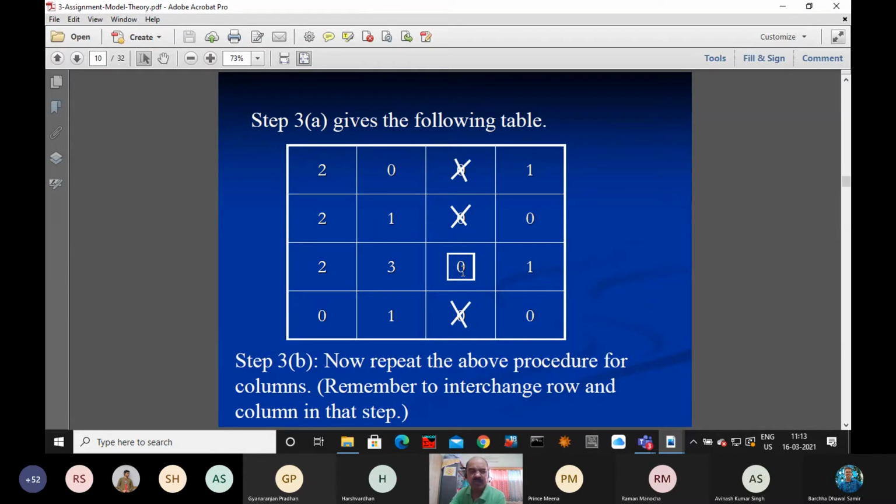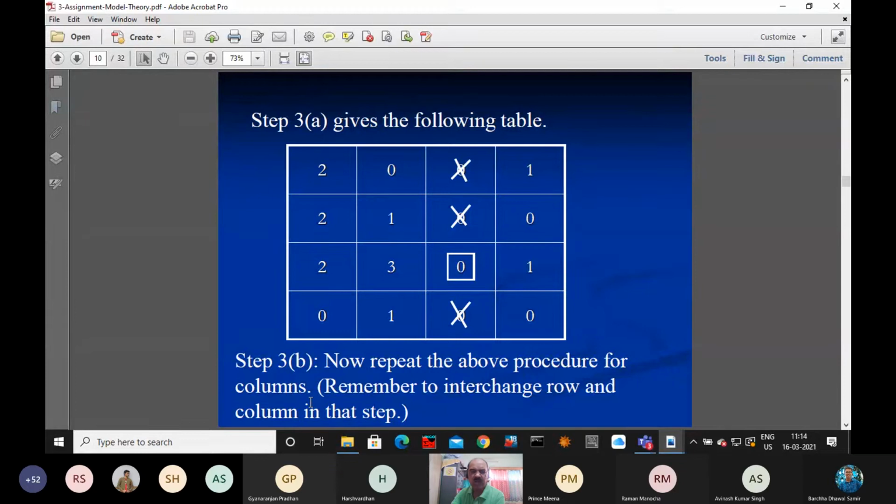What about the first row? The first row has only one 0, so we can assign that 0 and cross out all the 0s in the same column. There is no other 0. Step 3B says: now repeat the above procedure for columns.